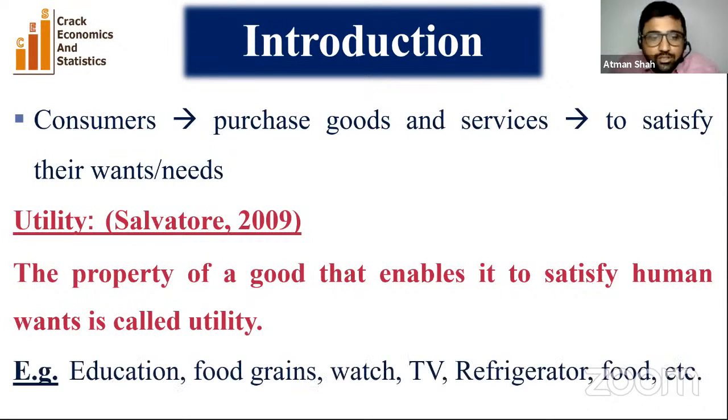For example, education, food grains, watch, TV, refrigerator, food, etc. So these goods and services have the capacity, the ability to satisfy a particular human need, a particular human want, and the demand for this commodity depends on the utility they give.